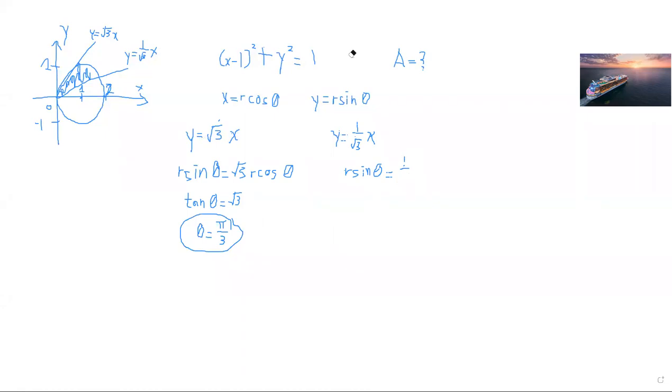Sorry about the way I drew that. Divide both sides by r cos theta, you're left with tan theta equals 1 over root 3. And then theta is pi over 6.